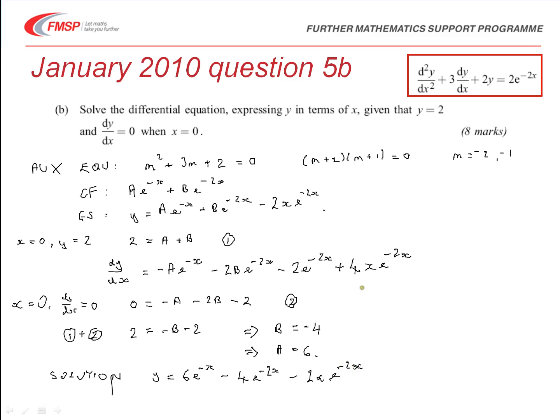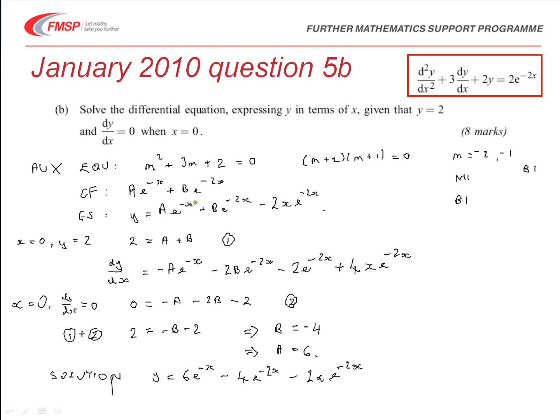Well, there's 8 marks available in this part. So obtaining correct values here for m gives us 1 mark. For then writing down the correct complementary function will give us a mark. And then the general solution, being the sum of the two separate parts, stating that correctly will give you a mark.